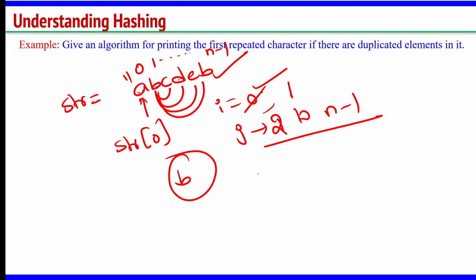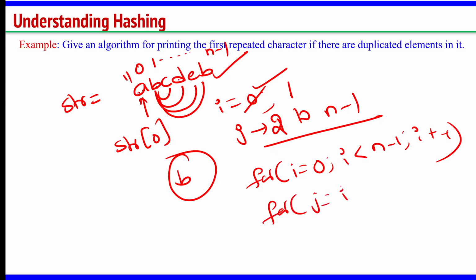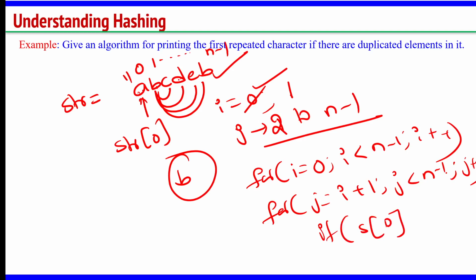So if you see the logic here, we are writing for i equal to 0, i less than n minus 1, i plus plus, and for j equal to i plus 1, j less than n minus 1, j plus plus. You check if s of i is equal to s of j.